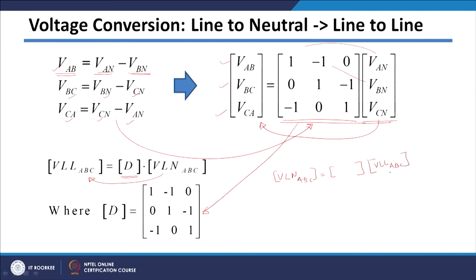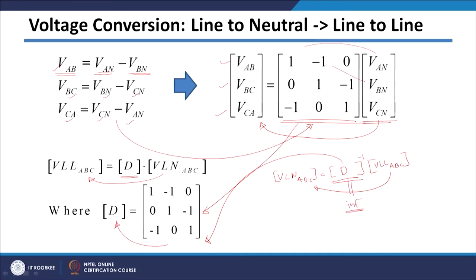So I want to convert line to line voltages to line to neutral voltages. You may think that it should be D inverse, and if I put D inverse it will automatically convert. However, this D inverse is non-existent. If you take the inverse of this D matrix, it comes out infinite because it is a singular matrix. So we cannot do it that way.